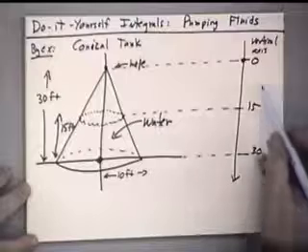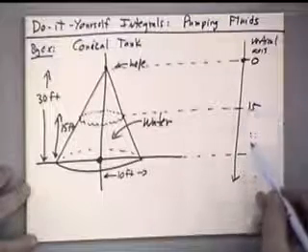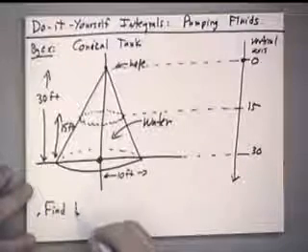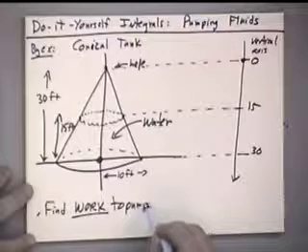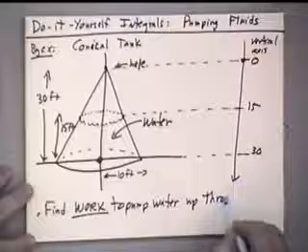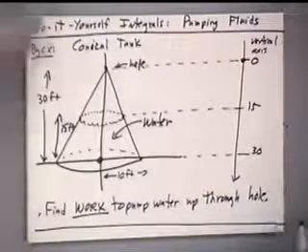So either way you can think about this, maybe depth would be a better way. We have 15 and then 30, and the water is in this part here. What we want to do here, the question is, find the work to pump the water up through the hole.